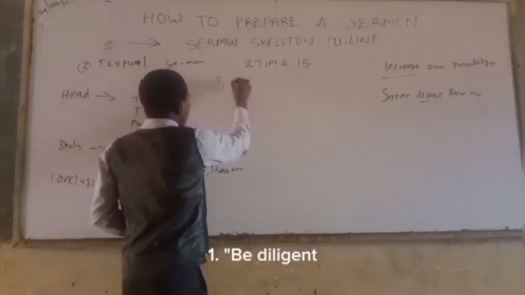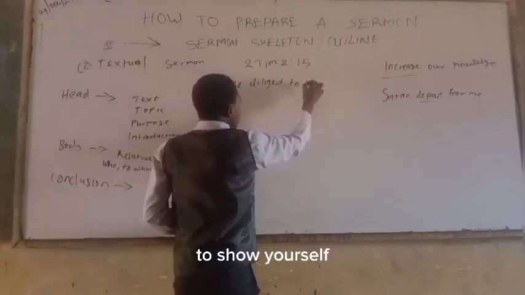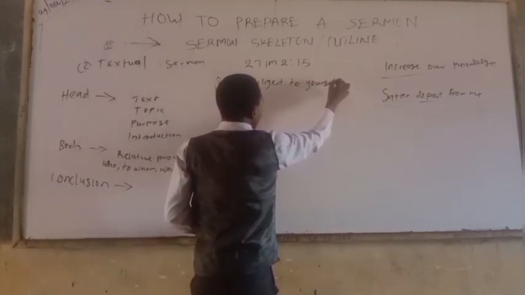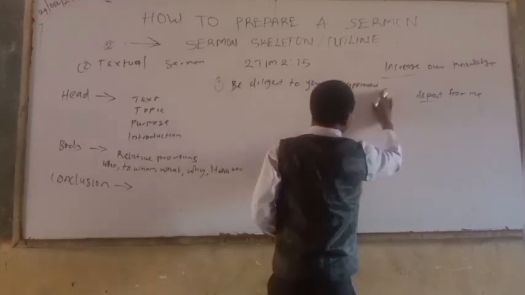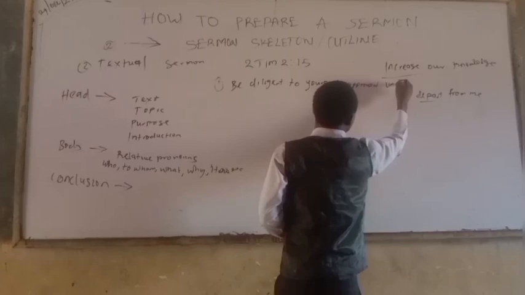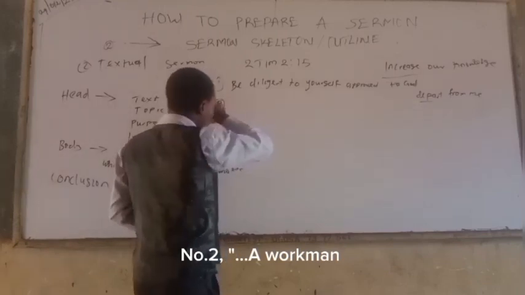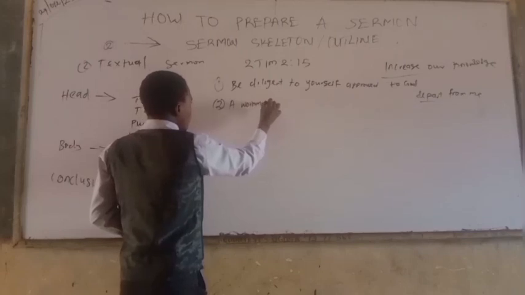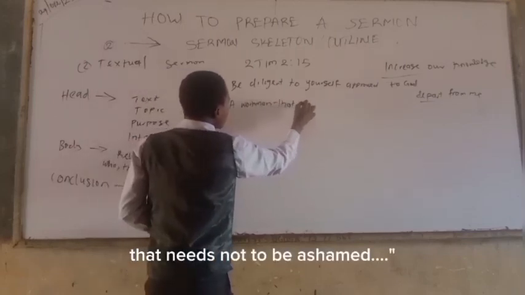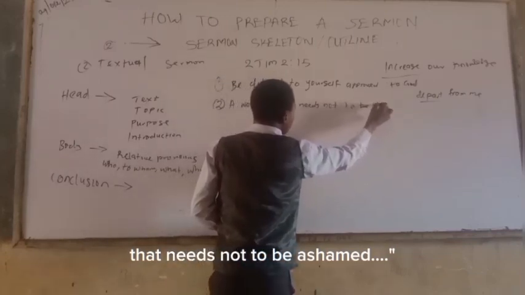Number 1 will be diligent to show yourself approved unto God, right? Or to God. Number 2 will be a workman that need not to be ashamed.